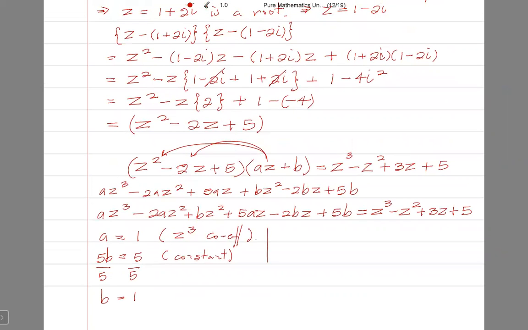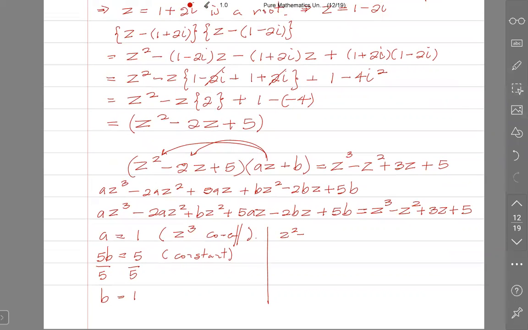All right, so what we have now is that this is the same as saying z squared minus, sorry, let's not use z squared. We just got the third factor, z minus 1 plus 2i, multiplied by z minus 1 minus 2i.